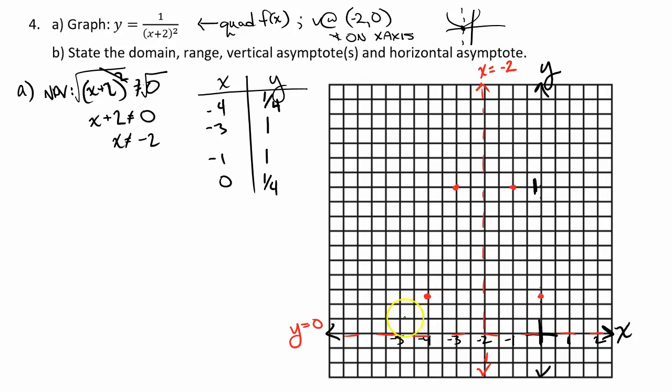There we go. Again, you can figure out some more points now that we know what my scale is. If I wanted to figure out what -5 would give me, I'd go -5 plus 2 is -3, -3 squared is 9. So I'm looking at a 9th, which would be just above here. So I can start filling those in.